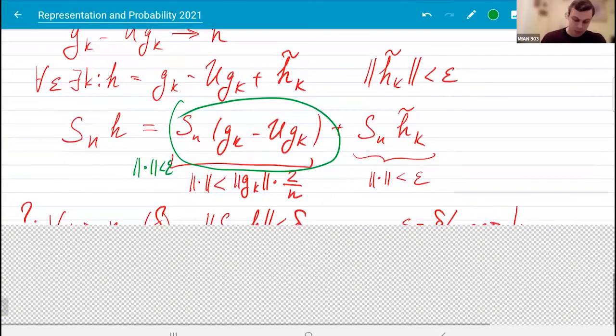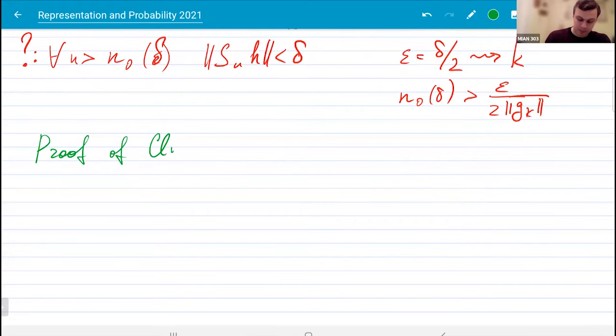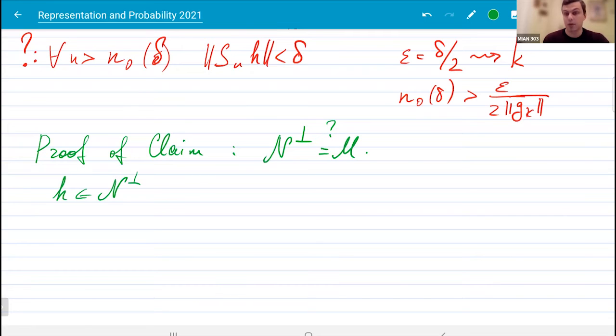So let us prove the claim. I want to prove that the orthogonal complement to N equals M. So first, consider some element h that belongs to this orthogonal complement.